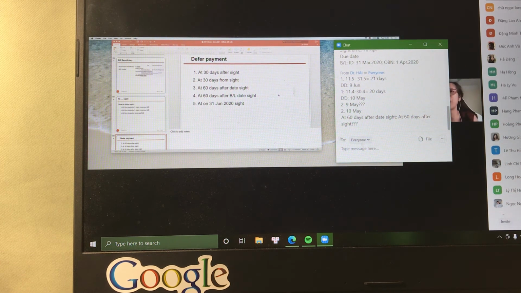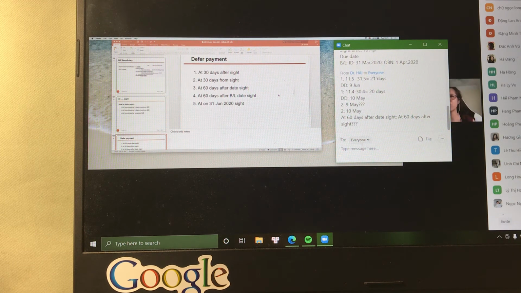For the second part, at 60 days after sign, I'm sure you can calculate because you understand the meaning of sign, right? But number 3 is at 60 days after death sign. So now, what's the meaning of death?